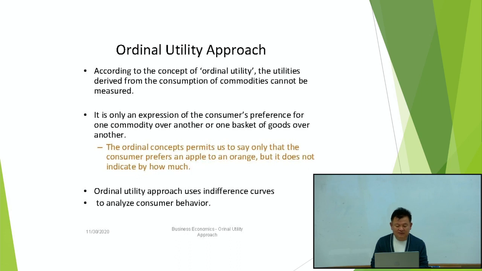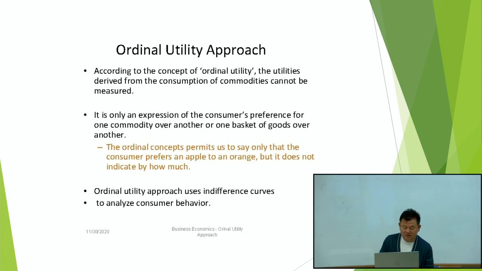The ordinal concept permits us to say only that the consumer prefers an apple to an orange. Oh, I like the apple better than the orange. But it does not indicate by how much. We cannot say how much you like apple better than orange. Okay? This is ordinal utility.